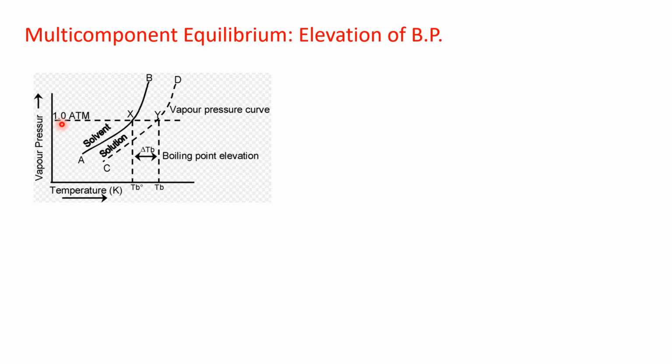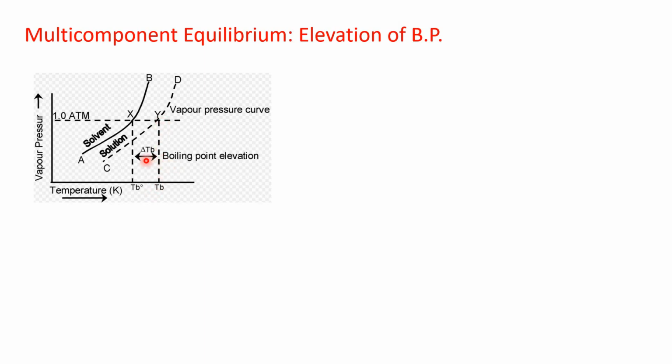Now when you have added a little amount of non-volatile solute, look at this solution curve. At temperature TB, it is not equal to atmospheric pressure. Atmospheric pressure is higher, which means this vapor pressure is less. So for the solution, the vapor pressure equals atmospheric pressure here, at the temperature, say, T. So it boils at a higher temperature.